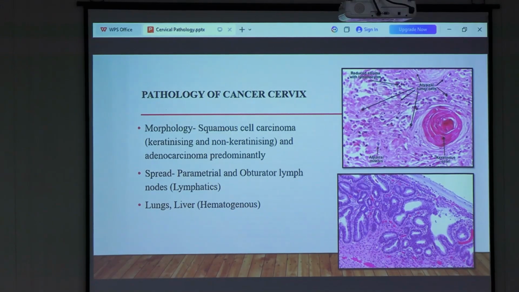Here there will be obturator and parametrial lymph nodes. If there is a hematogenous route, though in carcinomas hematogenous metastasis is not very common, it is more common in case of sarcomas, isn't it? But if it has to be there, then it goes to the lungs and liver.